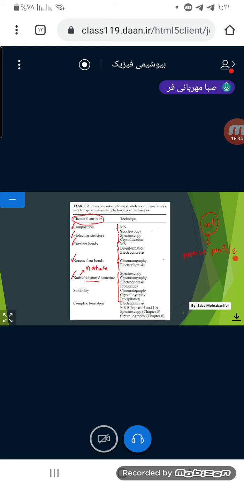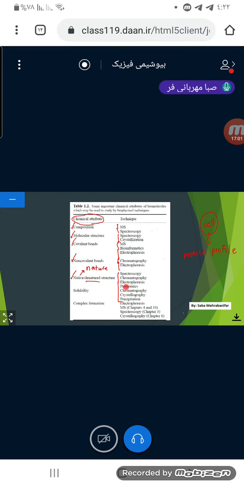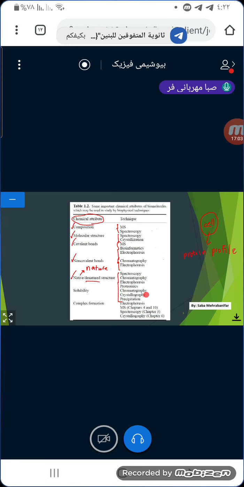I can use proteomics to know how many and which kinds of proteins are present in this cell. Understand? This is proteomics: detecting proteins in the cell, the protein profile of a cell. Clear? Okay.